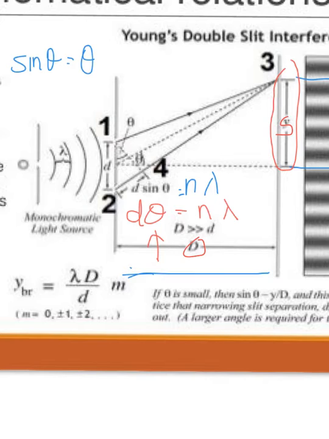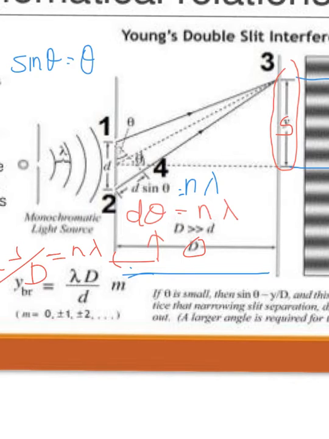So tan of the angle equals s over d. So if we put this in here, we end up with d s over capital D equals n lambda.